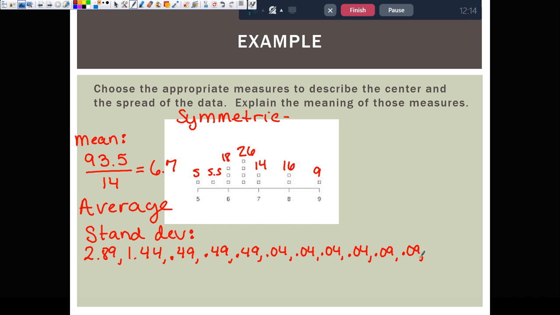And 8 minus 6.7 squared is 1.69, and there are 2 of them. And last, 9 minus 6.7 squared is 5.29.